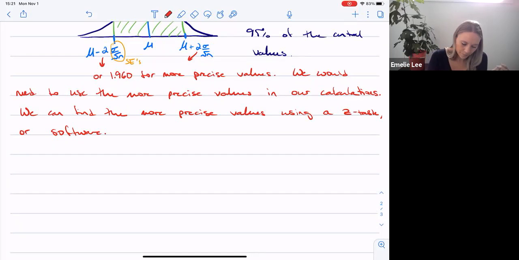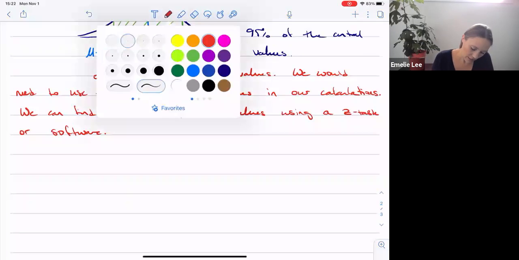So, okay, we're going to be able to build a confidence interval around the mean.